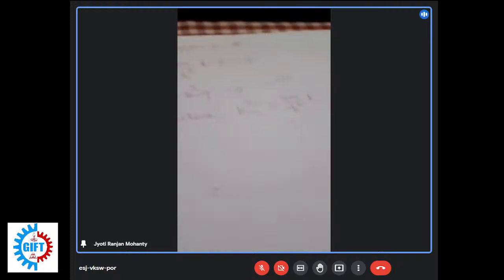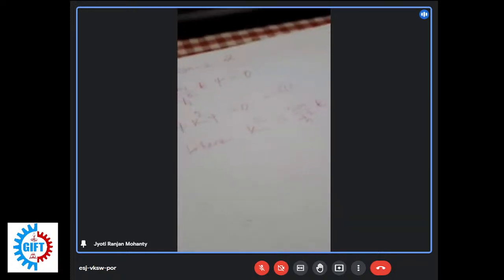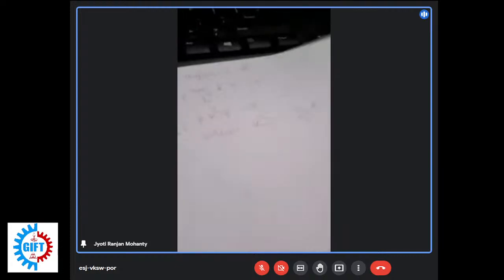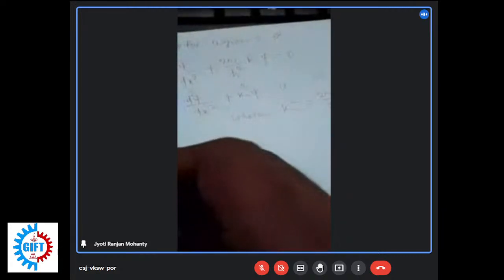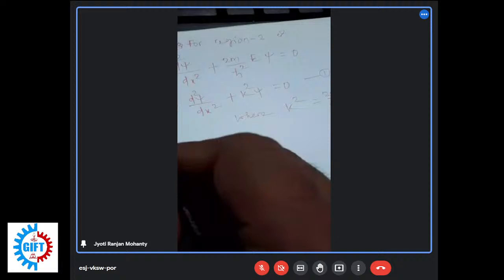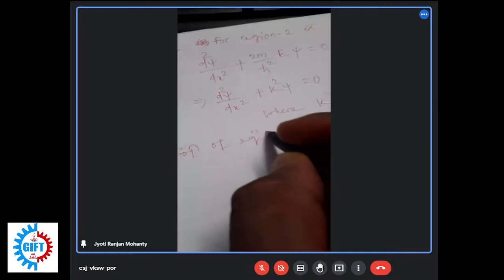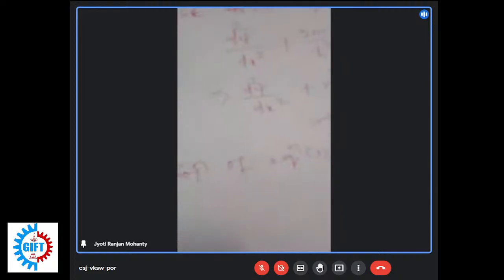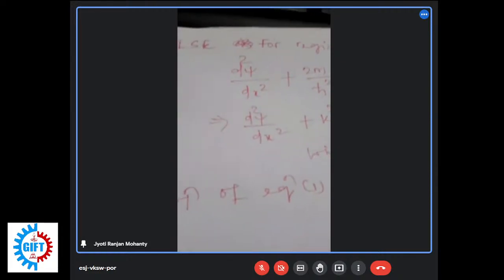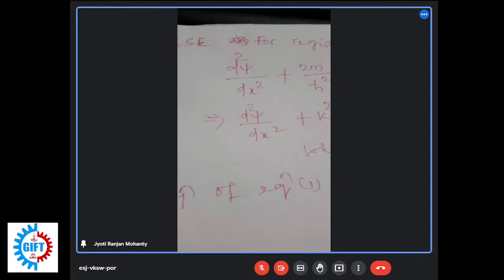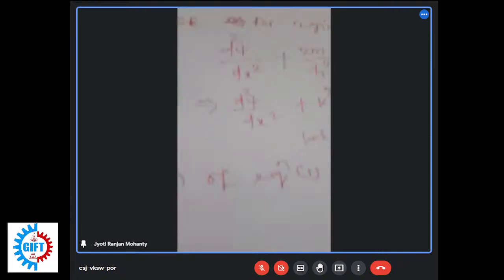Like the free particle, we got this equation. So what will be the solution? Who can say? What is the solution of equation 1? Mona Lisa?